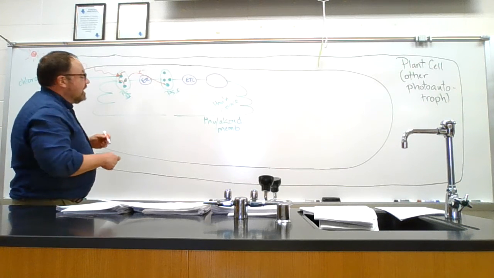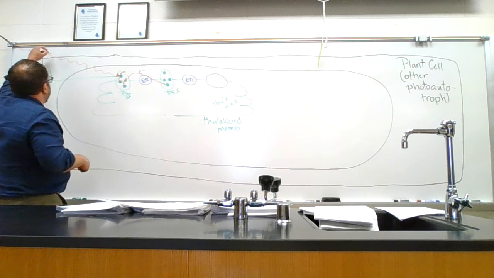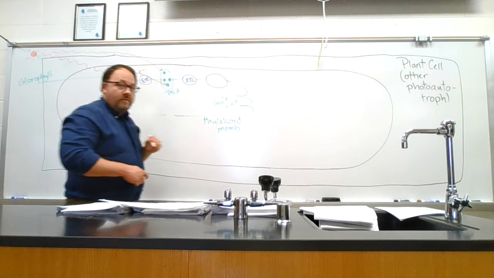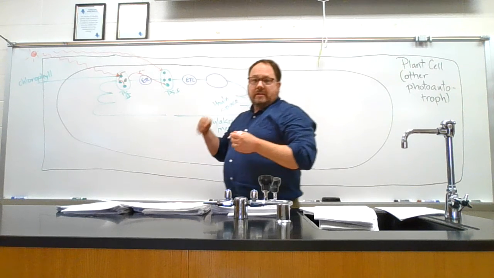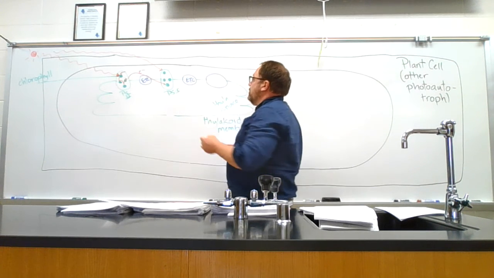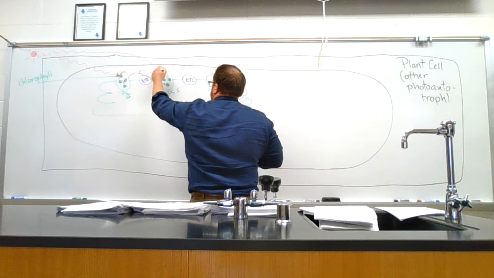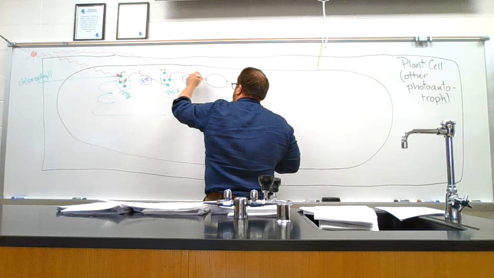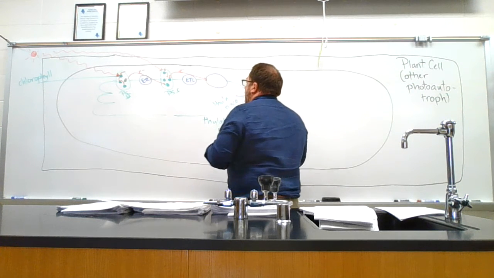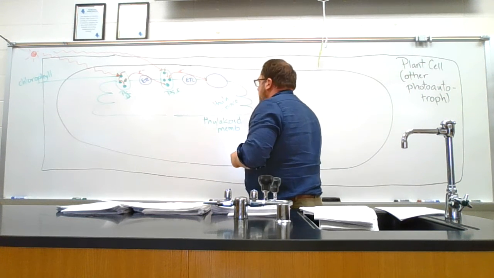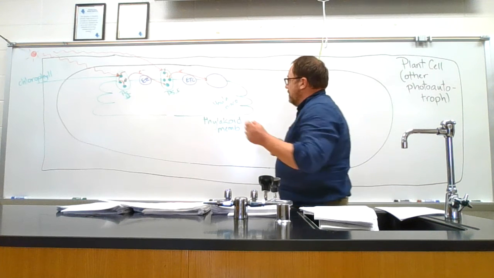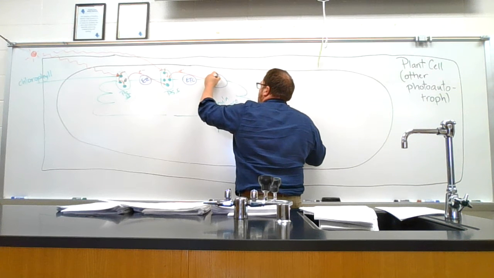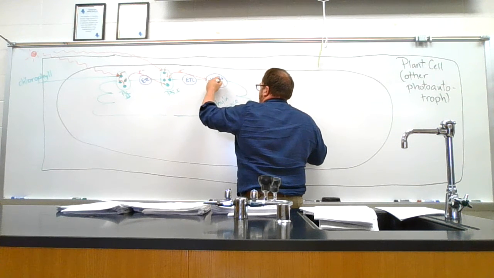Now, another photon of light strikes chlorophylls in photosystem 1, and then the electrons in photosystem 1 also get excited. And then those electrons get passed down the electron transport chain again. Now, what ends up accepting all these electrons is an enzyme embedded in the thylakoid membrane. It is called NADP plus reductase.